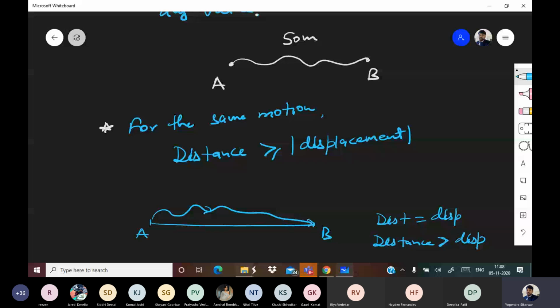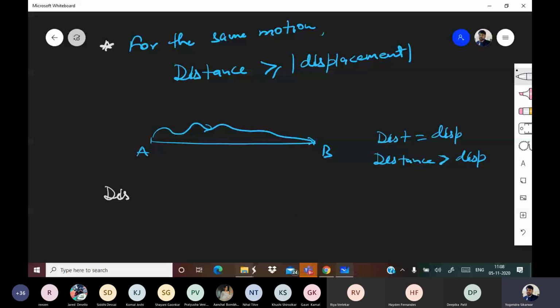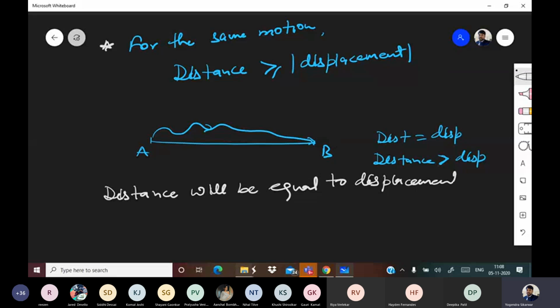Distance will be equal to displacement only if an object moves along a straight line without changing its direction.